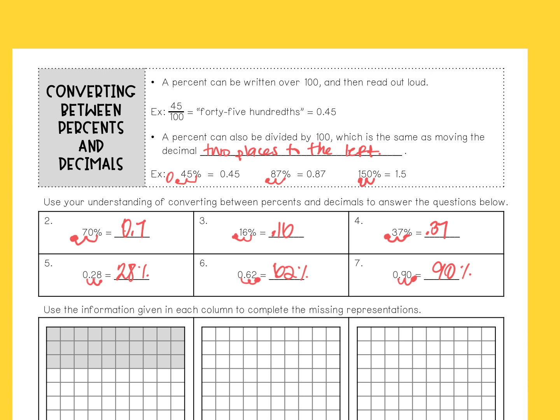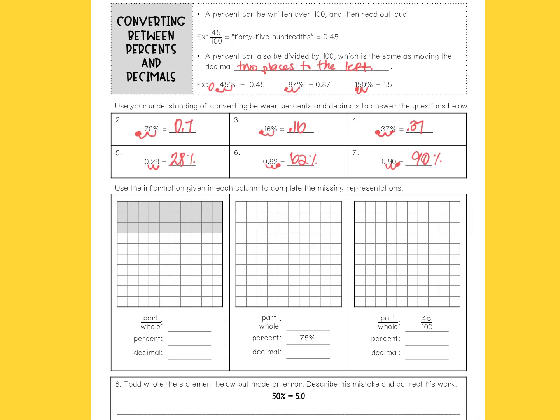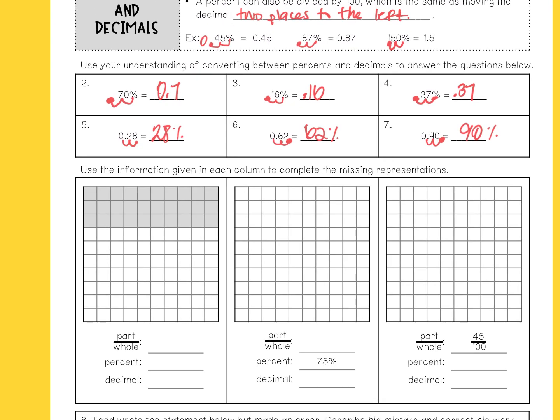Now we're going to use the information given in each column to complete the missing representations. In example 1, we have just the shaded part given to us, and I know that 1 row equals 10, 2 rows equals 20, and 3 rows equals 30.